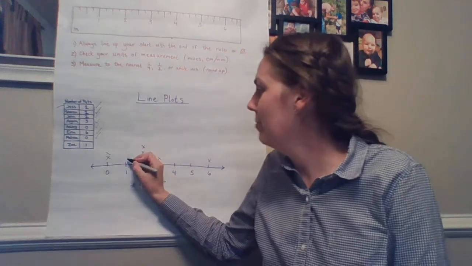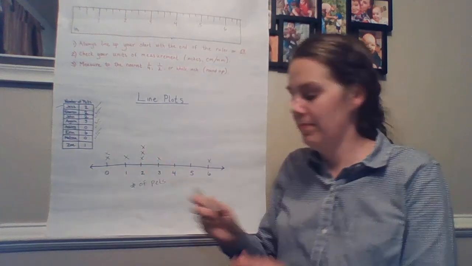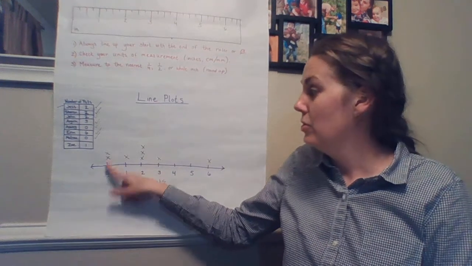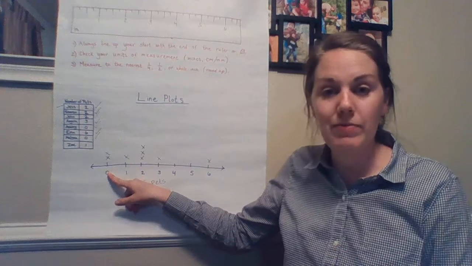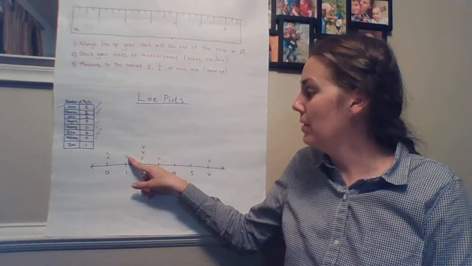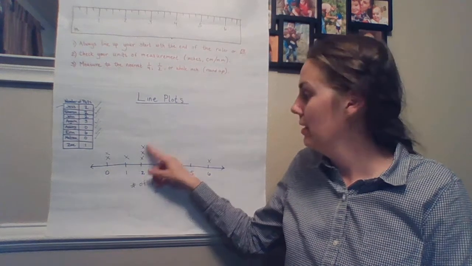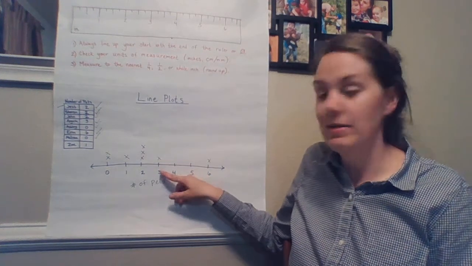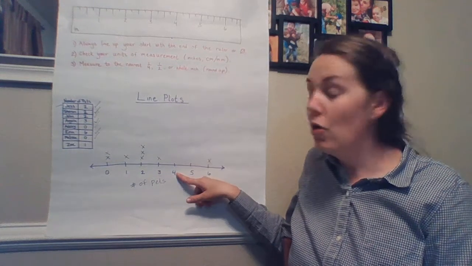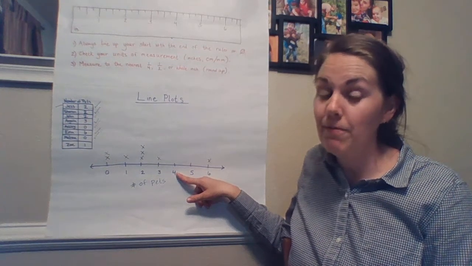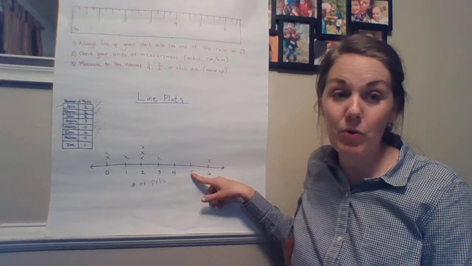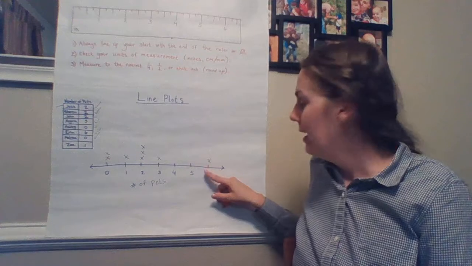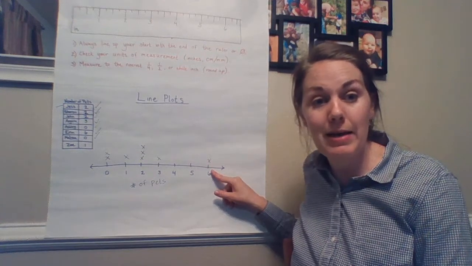I'm going to go over to the 1 and mark an X. So you'll see in our line plot now that I have 2 people who have 0 pets, 1 person who has 1 pet, 3 people who have 2 pets, 1 person who has 3 pets, no people in my data sample who have 4 pets, and no people who have 5 pets because neither of those have X's above them, and 1 person who has 6 pets.